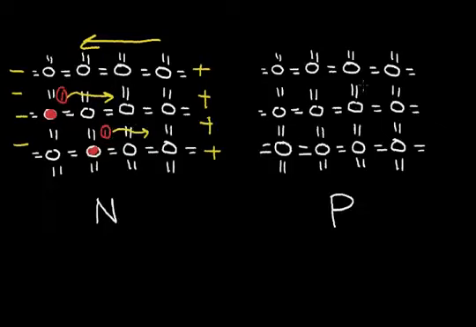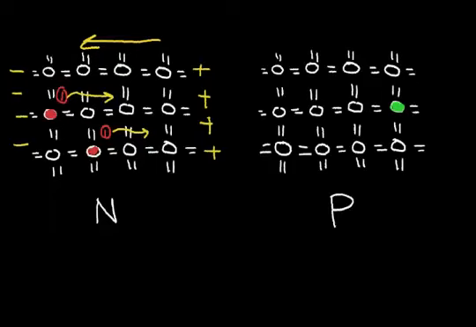So let's take this block on the right side, and I want to convert this from intrinsic silicon to a P-type material. And I'm going to introduce some boron atoms. So I'm going to replace this silicon atom with a boron atom. And now a boron atom, instead of having 4 electrons in the outer shell like silicon, has 1 less electron.